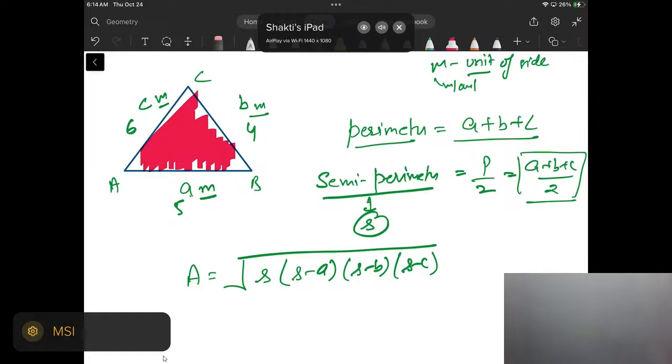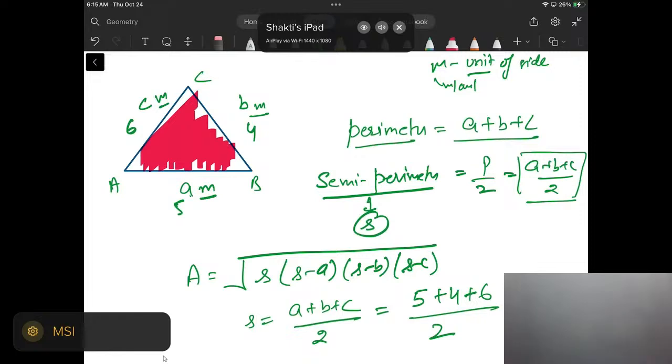First we compute S. S is equal to a plus b plus c divided by 2, so 5 plus 4 plus 6 divided by 2. This is equal to 15 by 2, which is 7.5.